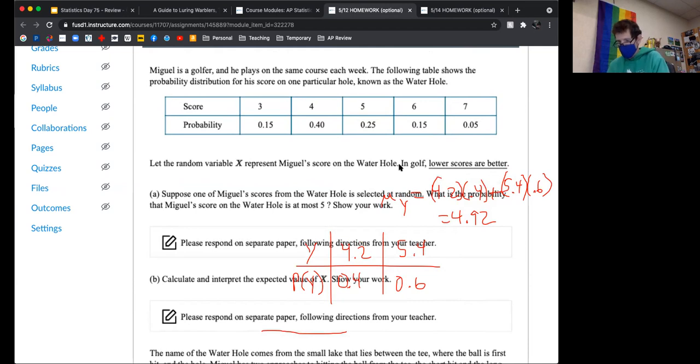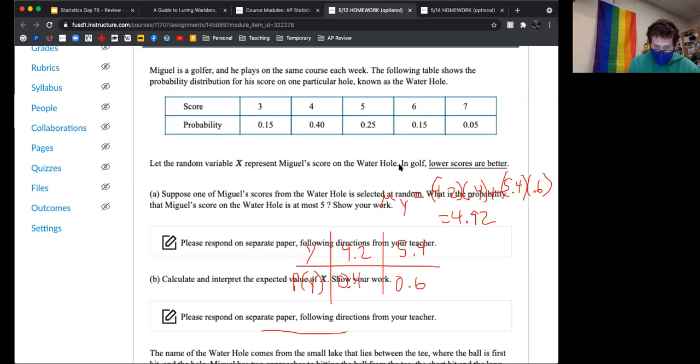I'm just going to plug this in real quick. Okay, so now if I do my one variable stats with this, I got an expected value of 4.55.